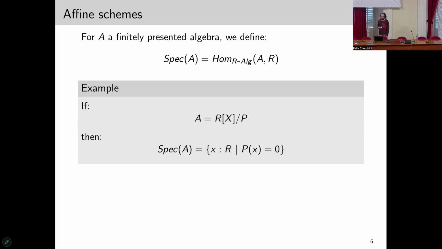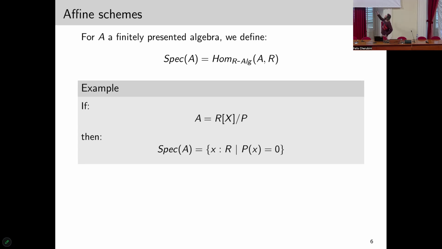Now I need an auxiliary definition to give the second axiom. If I have a finitely presented algebra A, I can define the spectrum of the algebra simply as morphisms, as you see on the slide. I think it's clearer if you see an example.